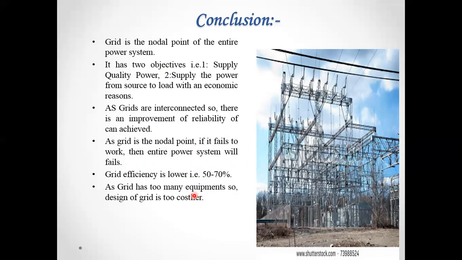And due to the many equipments, the design of the grid will be costlier. So this was about the power plant instruments. Basically here we started with the grid and its layout and the different equipments which we are going to use in the grids. This covers the power plant instruments.